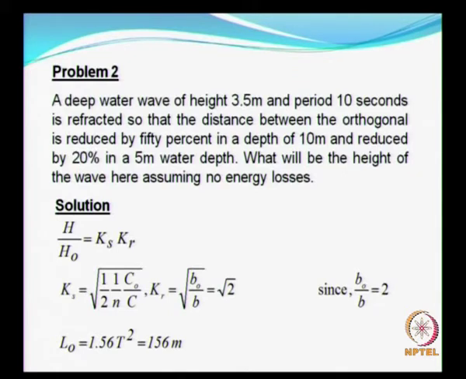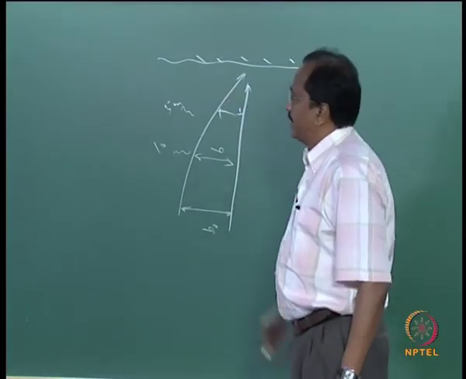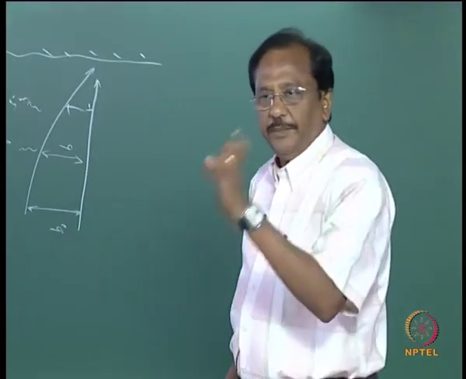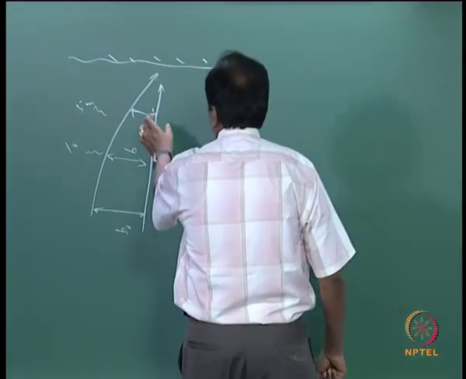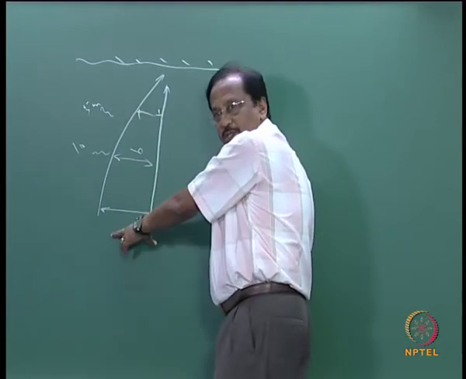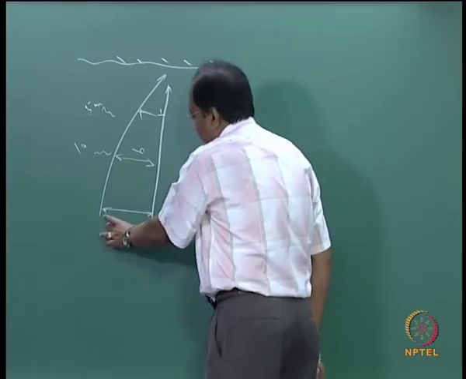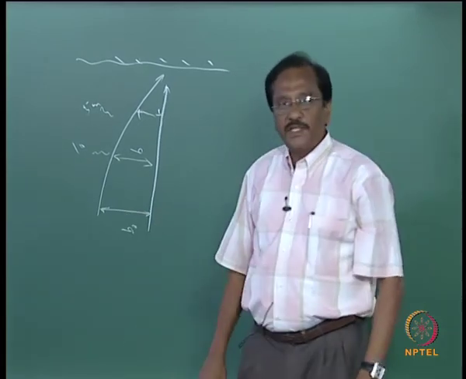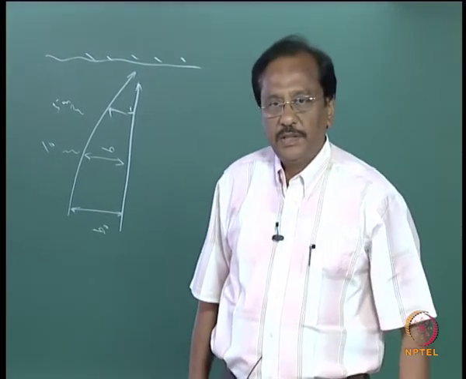It is just an assumption. Here it is a 20% reduction, which means 80% of B naught, and this will be 50% of B naught. B naught is the distance between the orthogonals in the deep waters.